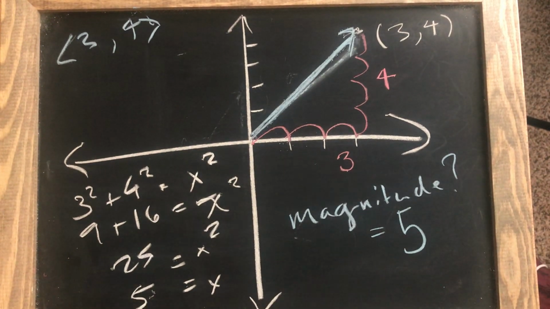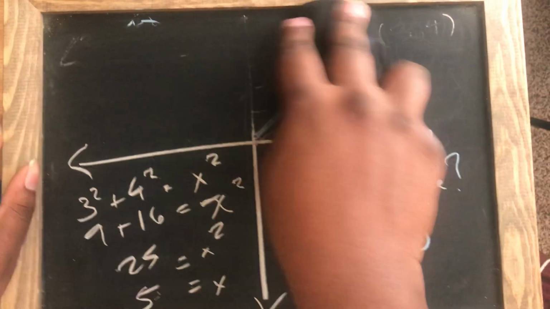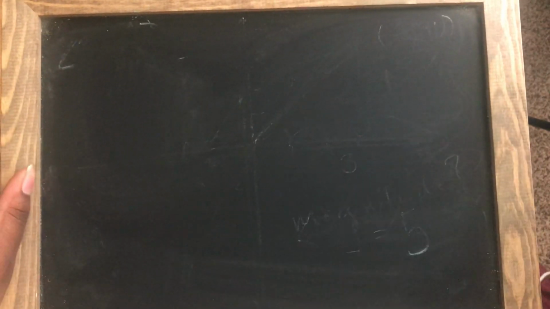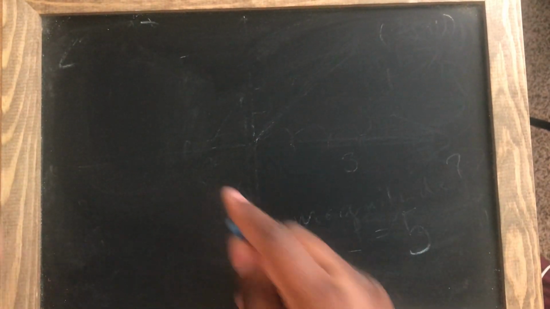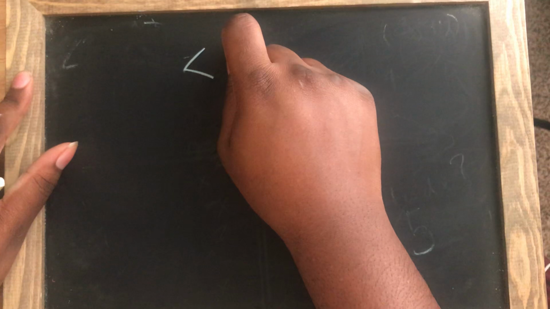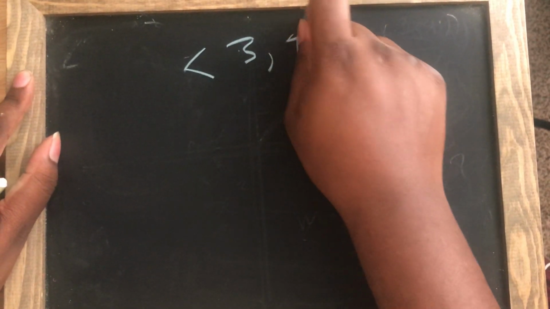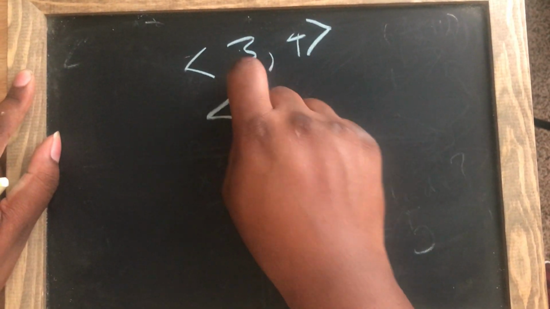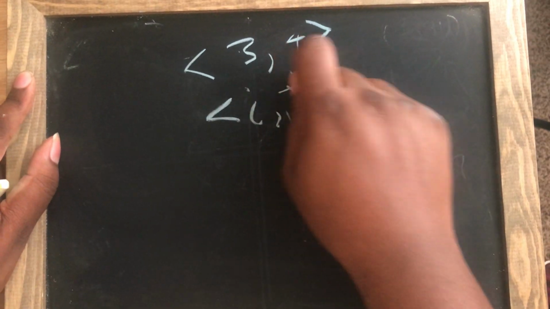Now, what is the technical term of this? If I have a vector in component form ⟨3, 4⟩, another way we can write that is vector ⟨i, j⟩.